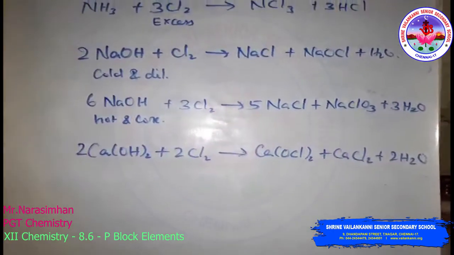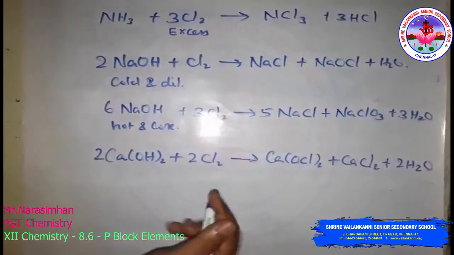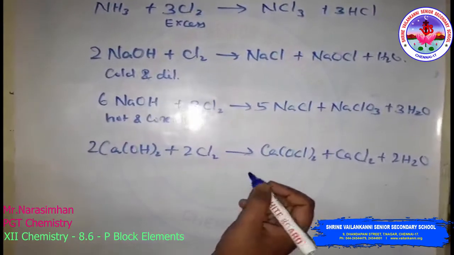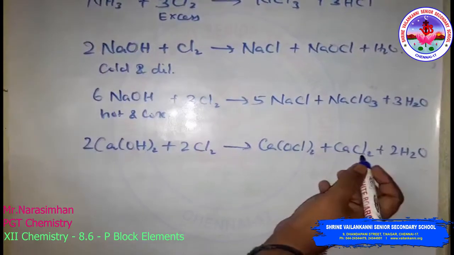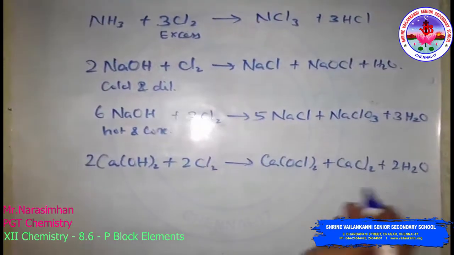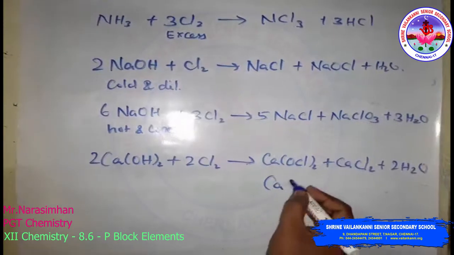This is the common method. Then the composition of the bleaching powder: it is Ca(OCl)Cl and CaCl2 dot 2H2O.